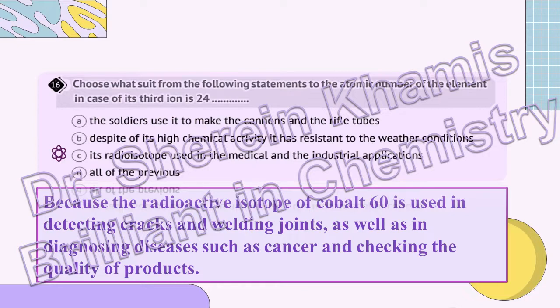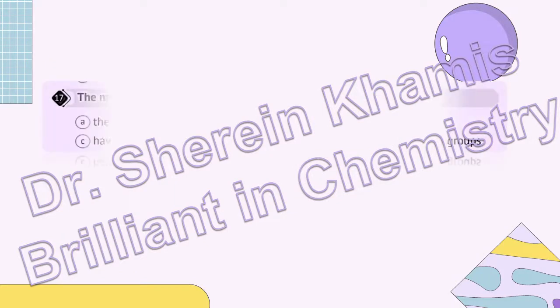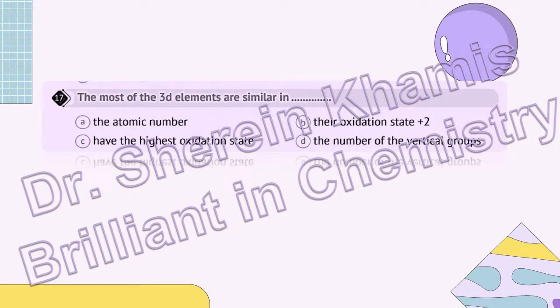Let's go into question 17. Question 17 says that most of the 3D elements are similar in. Okay, most of them having what? The atomic number? No, all of them increase gradually in atomic number. Their oxidation state is +2?